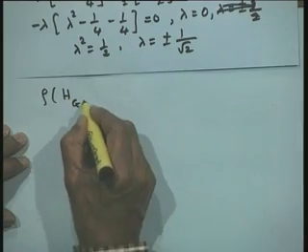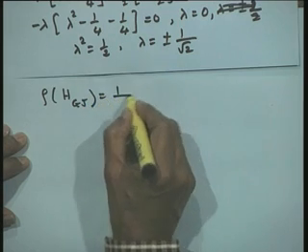Therefore, I can write down the spectral radius of this Gauss-Jacobi scheme as 1 upon root 2.